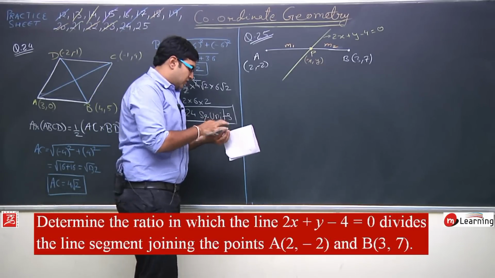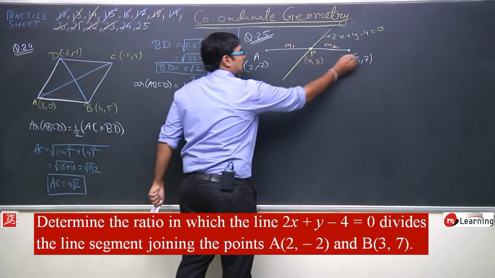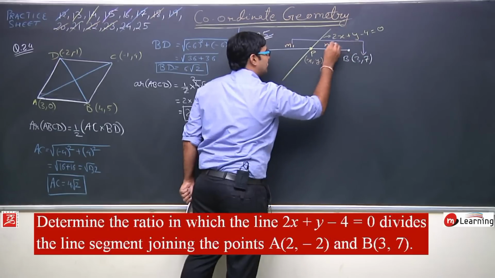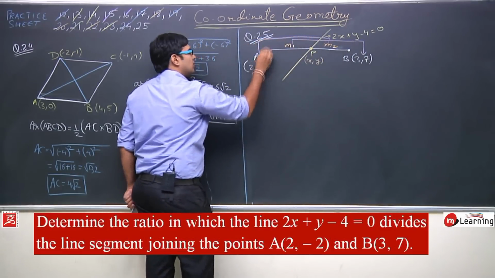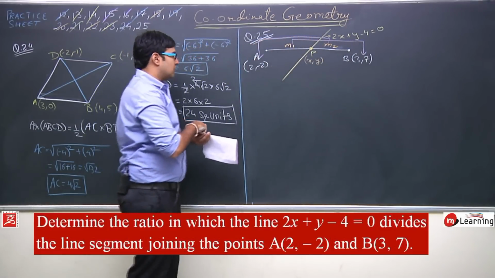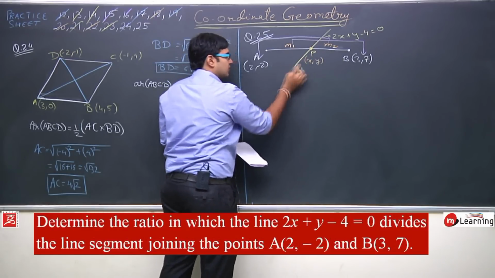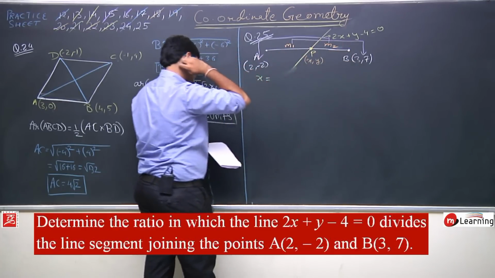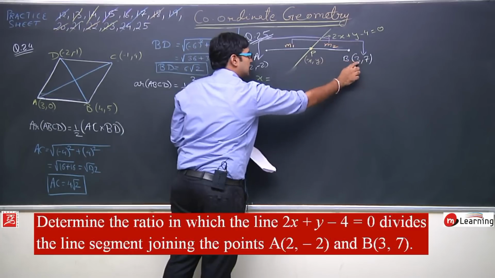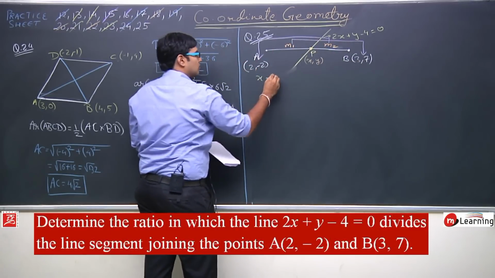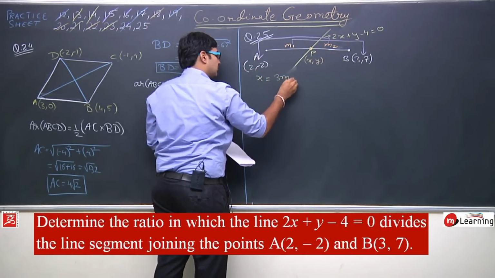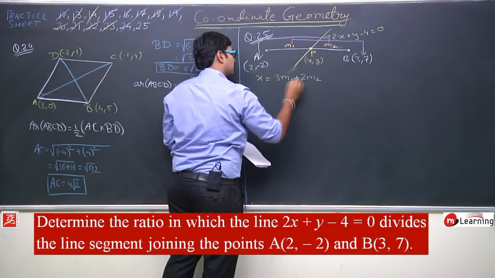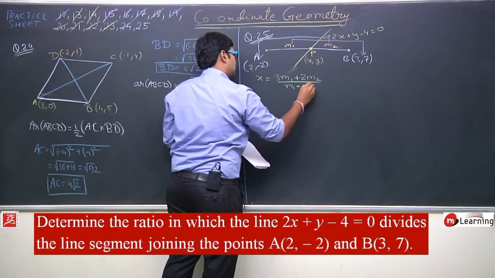How can we find them? You can apply the section formula on this condition. Here m1 is multiplied to b and m2 is multiplied to a. How do we apply the section formula? The value of x will be equal to m1 into 3 plus m2 into 2, so 3m1 plus 2m2 upon m1 plus m2.